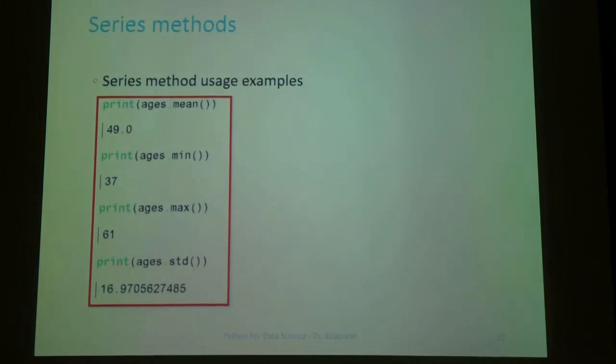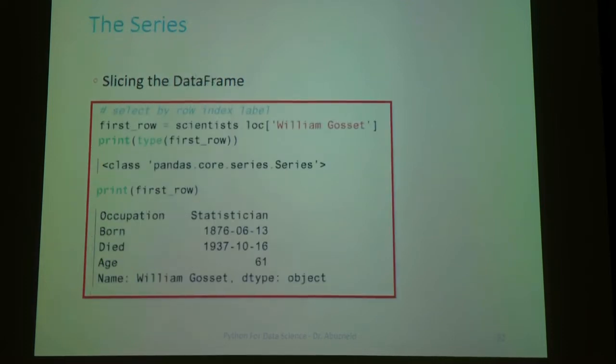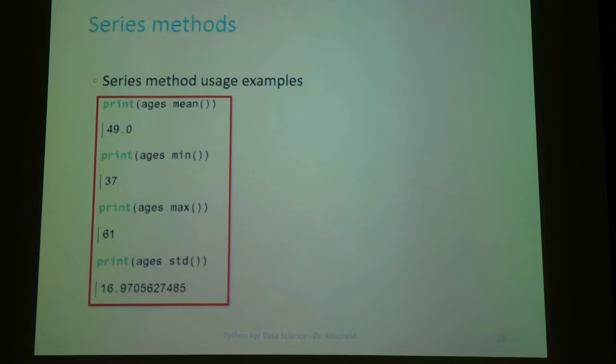All right. Series methods usually. So for example, if I would like the ages mean. What is ages? It's a Series, right? So ages.mean. It will give you the mean, then the minimum, the maximum, the standard deviation.